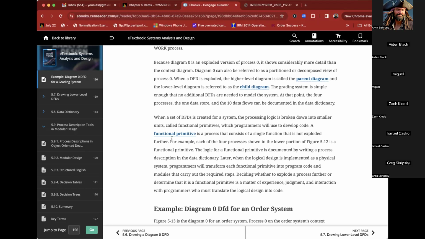And then that process will take the data and feed it into the database. And that could be 20 lines, 30 lines, 5 lines. I don't care for all of that at the data flow diagram level. Does that make sense?